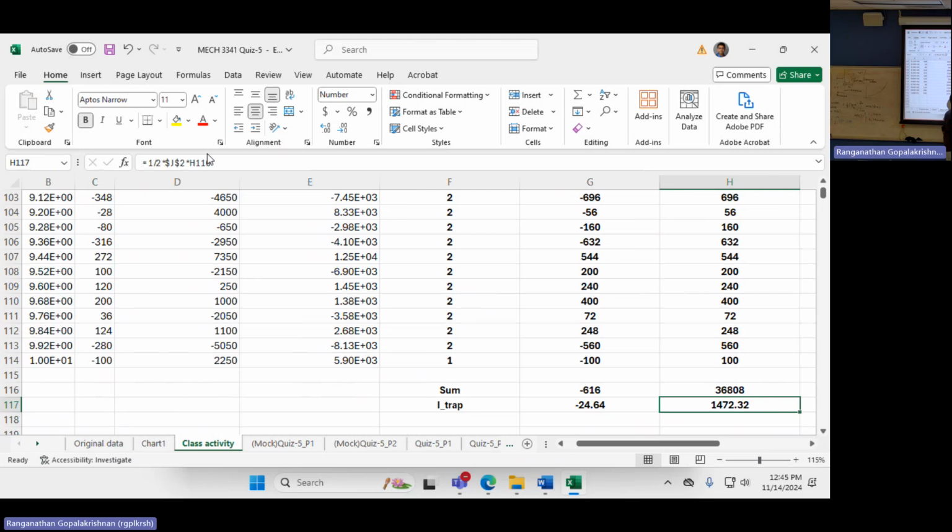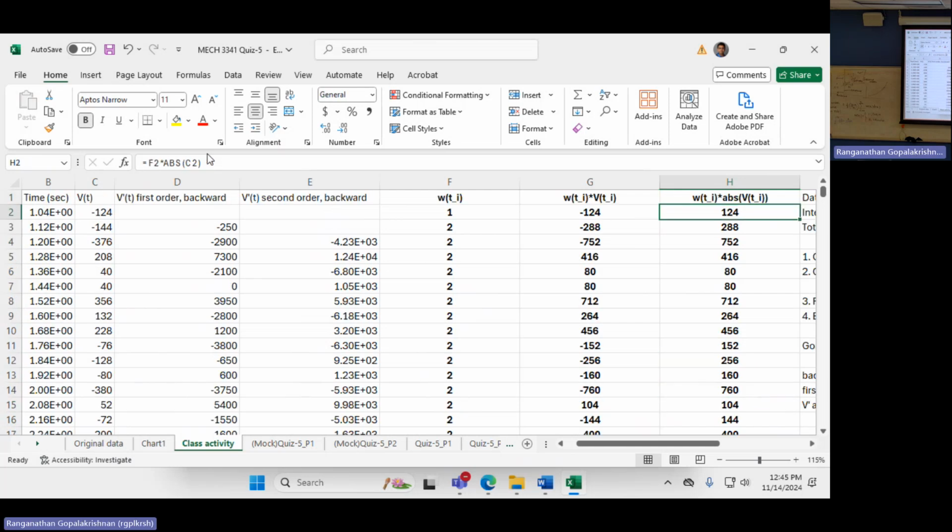Now I can be crazy about this. Instead of f of x, I will say f of x squared. What you would do is just go here, and instead of the absolute value of v, you would do the absolute value of v squared.